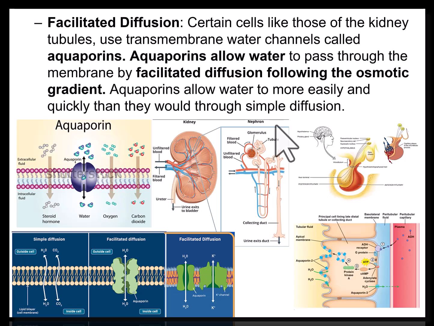We're going to talk a lot about these when we get to the kidney. We're going to talk about the pituitary gland and the hypothalamus. Hypothalamus makes a hormone called anti-diuretic hormone that gets released by the posterior lobe of the pituitary gland.